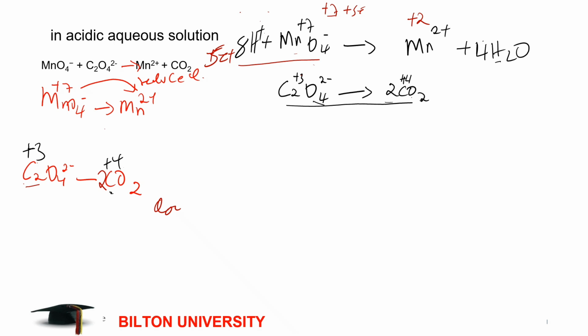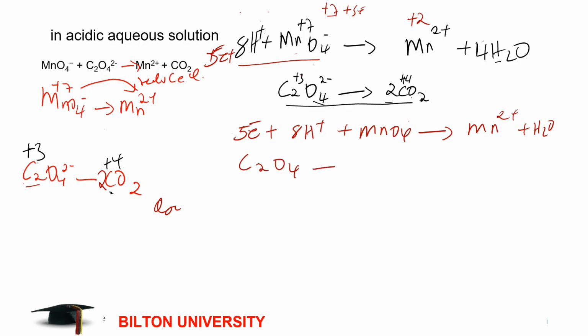So let me just write it down here. We're going to have 5 electrons plus 8 protons plus MnO4 minus, giving Mn2 plus and water. Then here we still maintain C2O4 2 minus going into 2CO2.